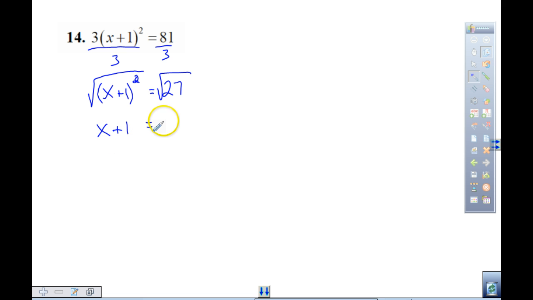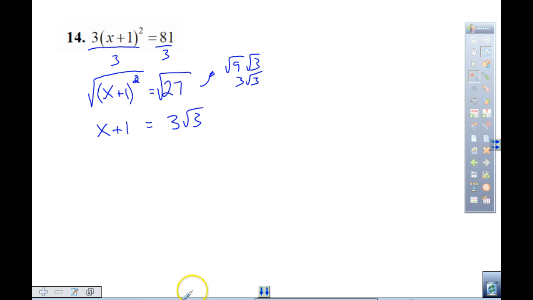X plus 1. Now sidebar. Square root of 27 is root 9 times root 3, which is 3 root 3. So I'm going to say this equals 3 root 3. Okay.